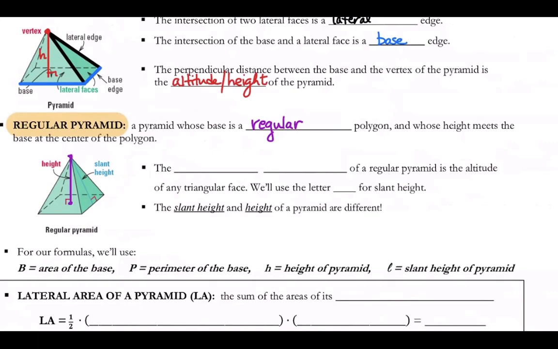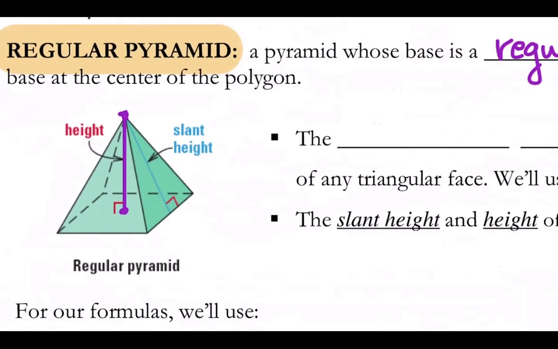Okay, on this picture, you see what's called a slant height. The slant height is different than the normal height or altitude because the slant height is actually the height of one of the triangular faces. So if you were to look at this triangle right here, the slant height is the height of that triangle, the altitude of that triangle.